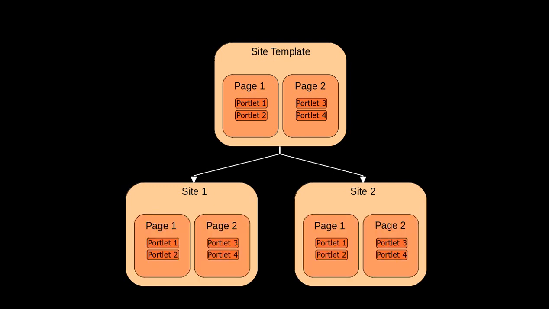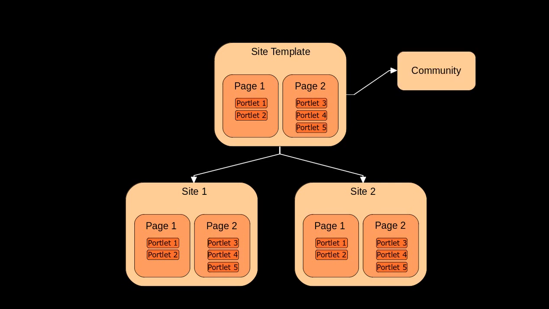By default, all changes made to the site template are automatically copied to sites based on that template. By default, the following site templates are provided: Community site, which provides a preconfigured site for building online communities, and Intranet site, which provides a sample preconfigured site for an intranet.